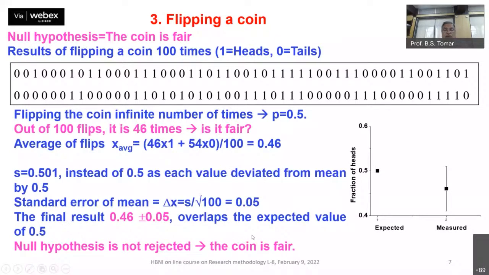Based on this outcome, you can say that the null hypothesis is not rejected. That means the coin is fair. Though you are getting 0.46 as the probability of head, the coin is still fair. So what you have to do? Probably you have to do it more times. So these are the kind of studies we need to do to test a hypothesis.